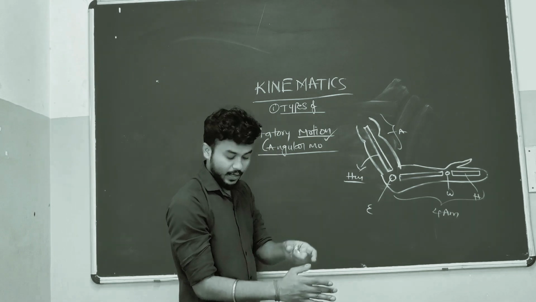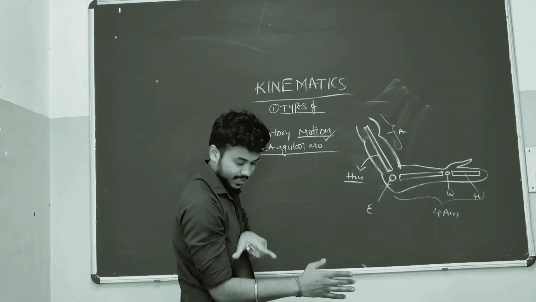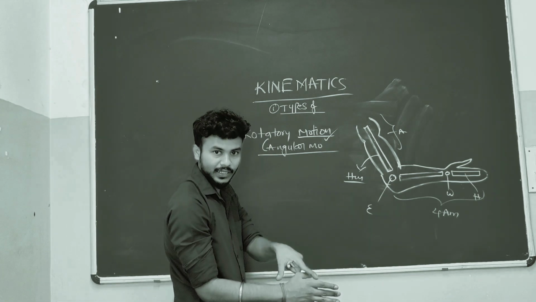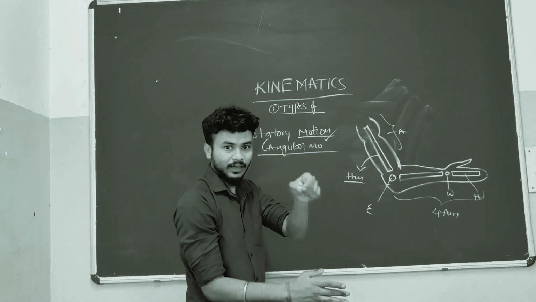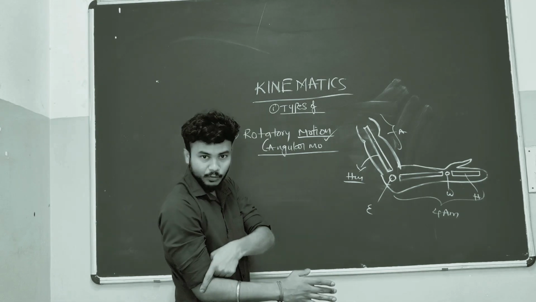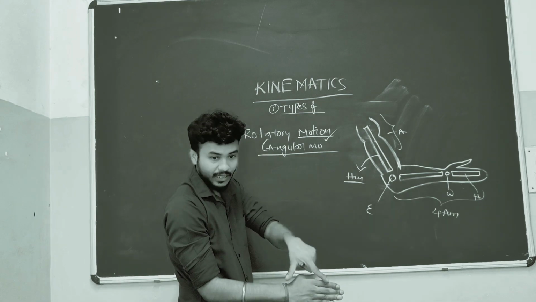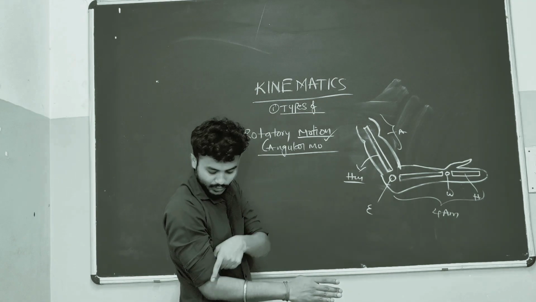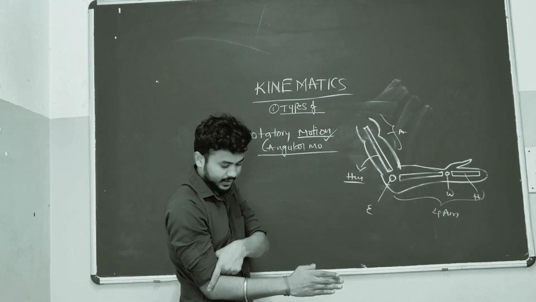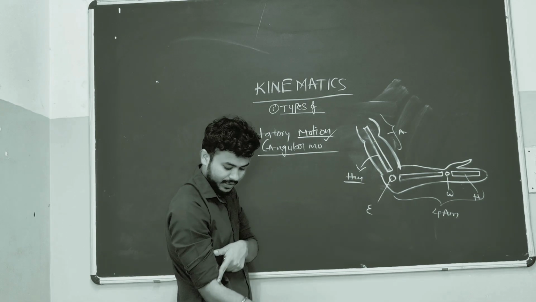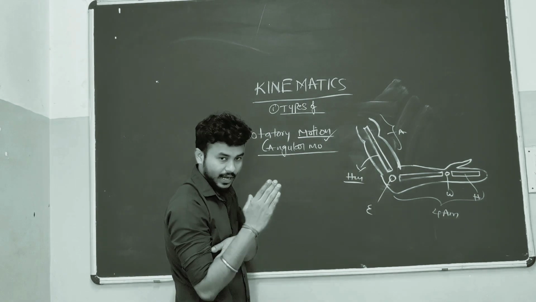Rotatory motion means an object or segment, here I am taking forearm and hand segment, will rotate over a fixed axis. Suppose here the elbow joint is my axis, it is a fixed axis. This forearm component and hand component will move over a fixed elbow axis. See, like this it is going to move. This is rotatory movement, or angular movement.